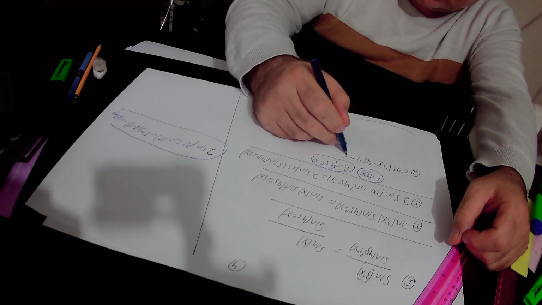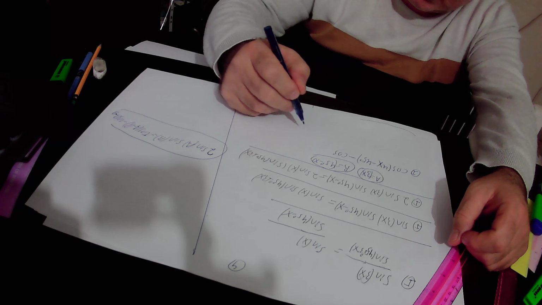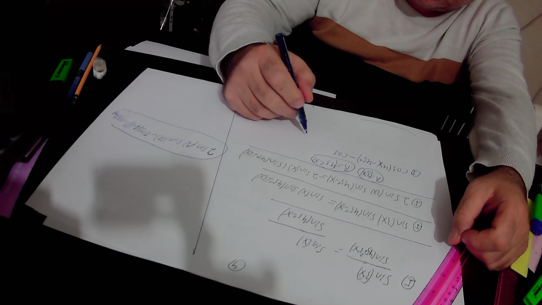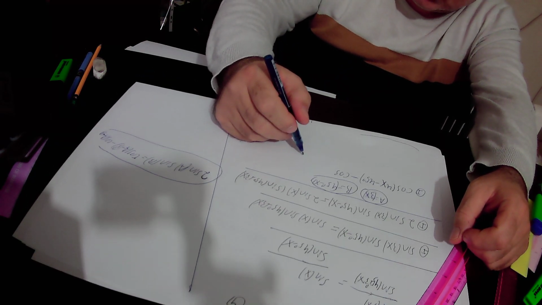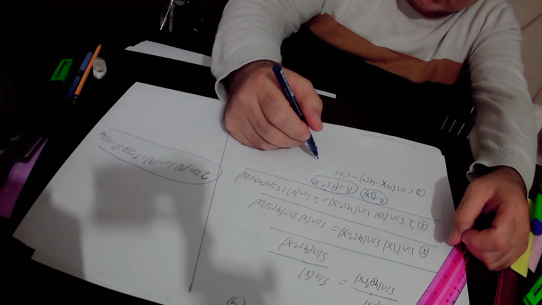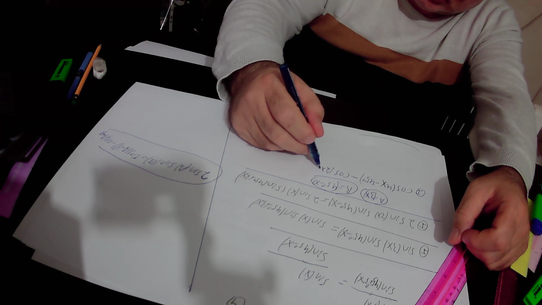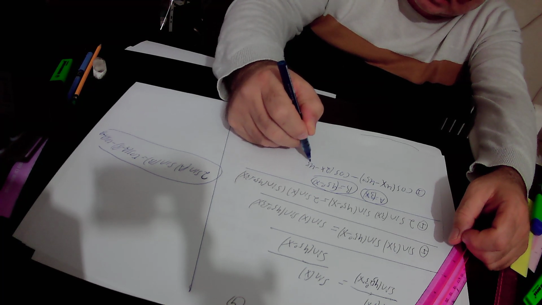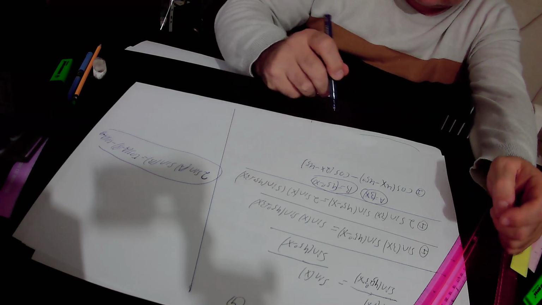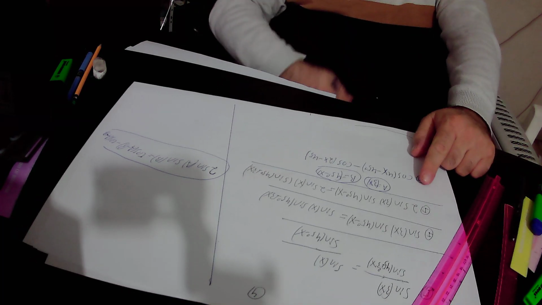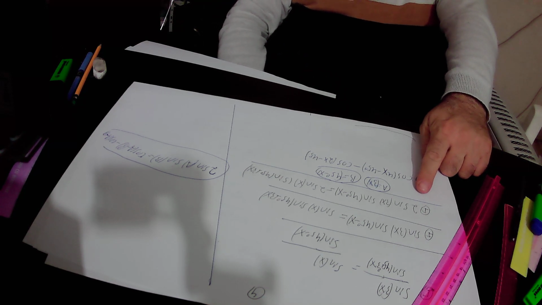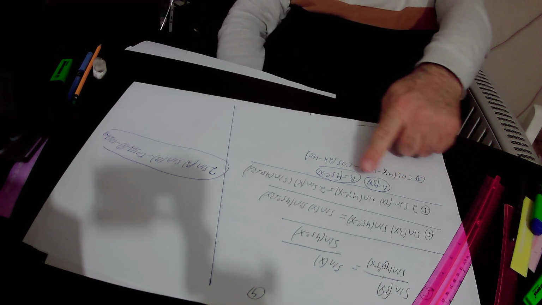Minus cosine A plus B. A is 3x, B is 45 degrees minus x, so A plus B is 3x minus x is 2x minus 45 degrees. So we finished with this side of equation number 1.